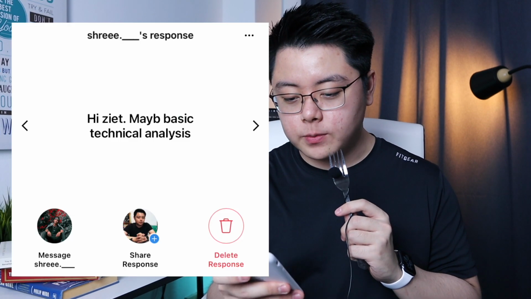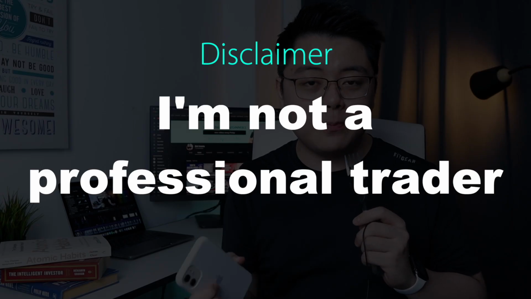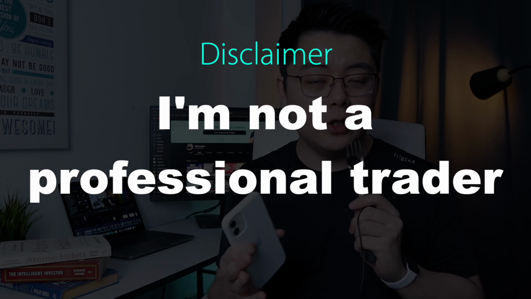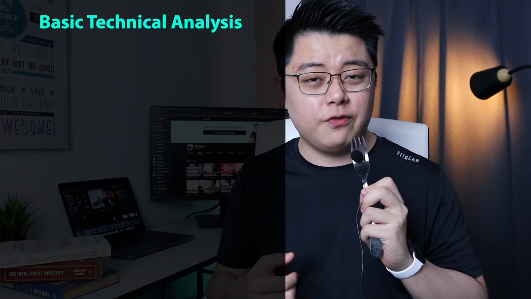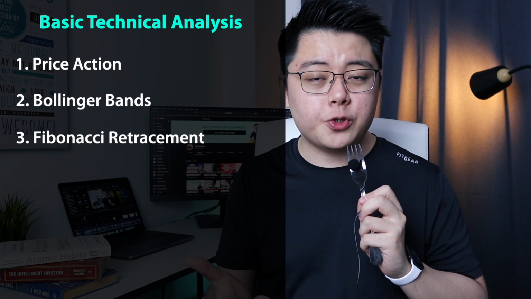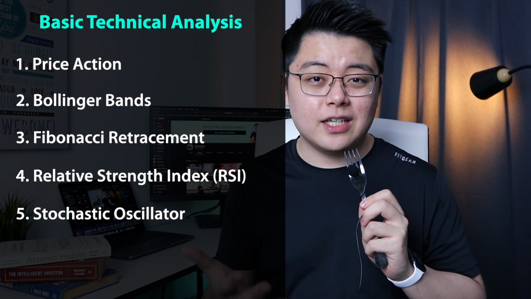Next, we have a question from Shreee. Hi Ziet, maybe basic technical analysis. Well, I just gotta put this disclaimer: I'm not a professional trader, and I only use technical analysis as a guide for my investments. My suggestion for you is to start with a few basics such as price action, Bollinger Bands, Fibonacci retracements, relative strength index, RSI, as well as the stochastic oscillator.